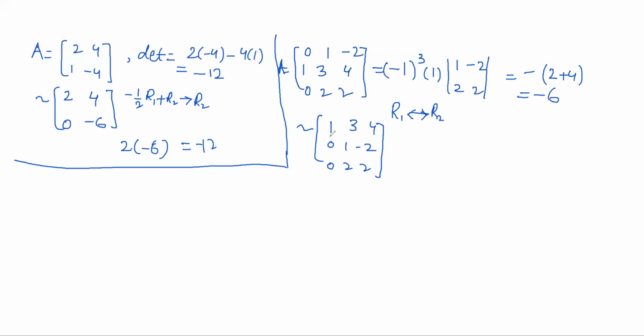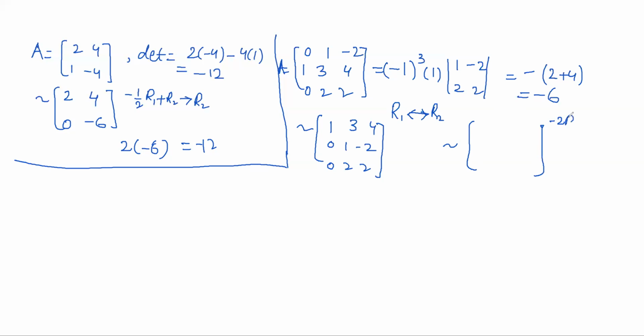In order to make it into the echelon form, in this first column the elements are 0 and 0 over here. In the second column, we have to make this element 0. So we will apply a row operation. What will be the row operation?